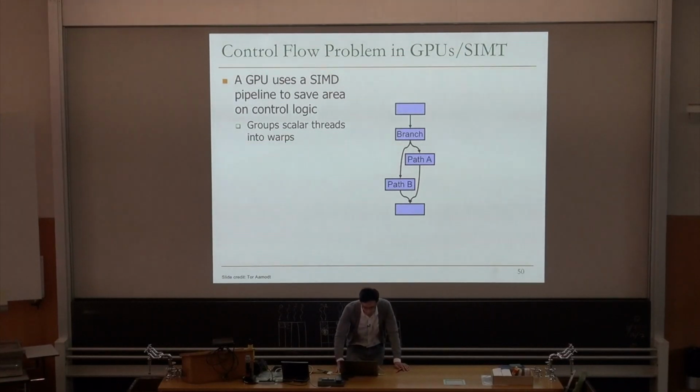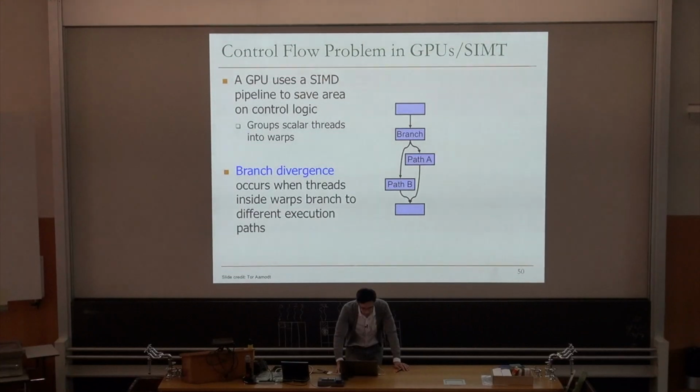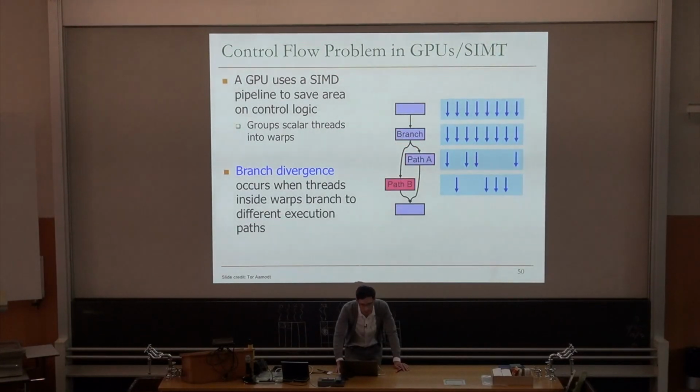Here you recall this example from lecture 7. Here we have branch divergence because we have a branch. Some of the threads of the warp will go through path A, the other threads of the warp will go through path B, and so on.